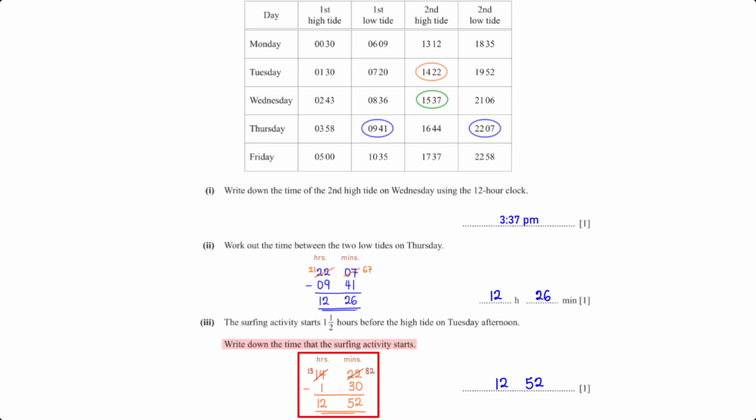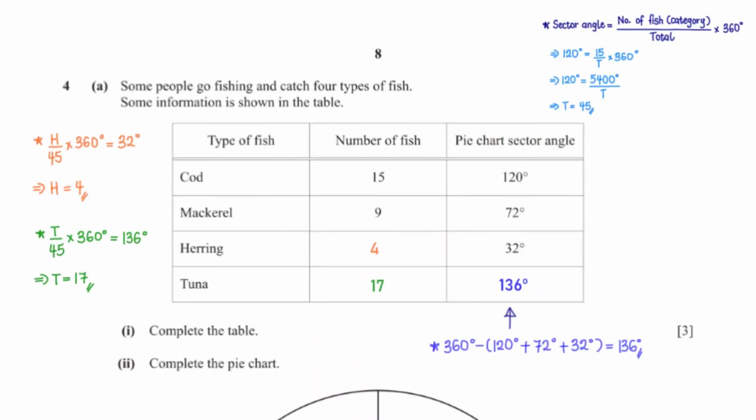Under the minute column, we can't subtract 30 from 22. So we take 1 hour from the hour column, which becomes 60 minutes under the minute column. So we have 82 minutes. So 82 minus 30 is 52. Under the hour column, 13 minus 1 is 12. So we have 12:52.